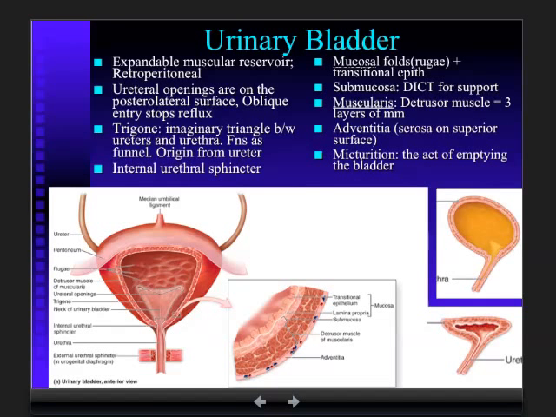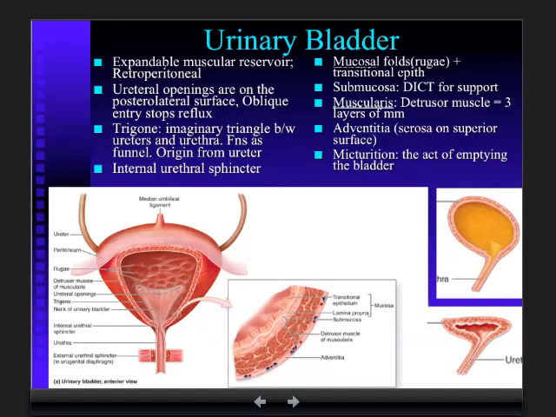And the bladder itself has 3 muscle layers. Let's look at the mucosa first of all. You have again transitional epithelium in the mucosa. You do have a submucosal layer of dense irregular connective tissue, and then you've got smooth musculature in 3 layers forming what's called the detrusor muscle.